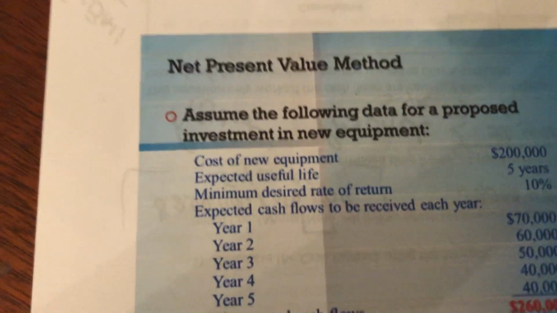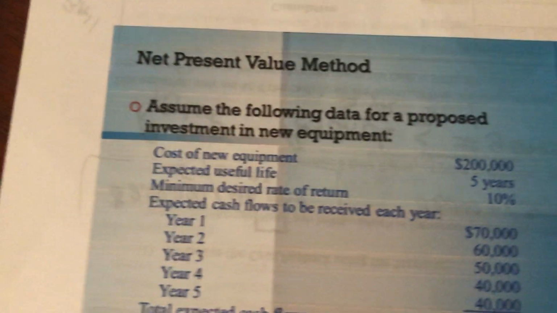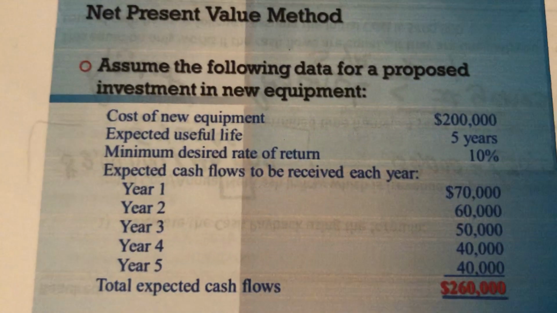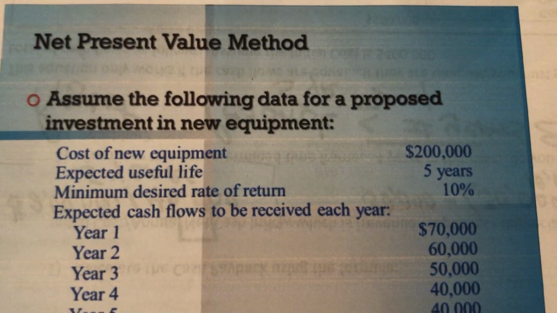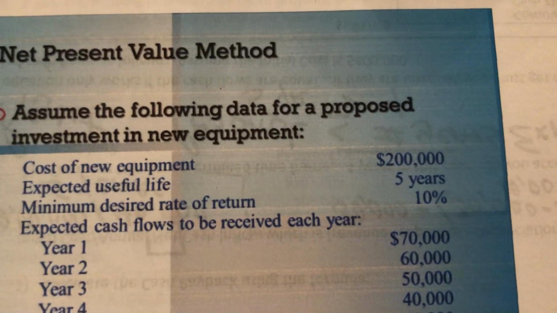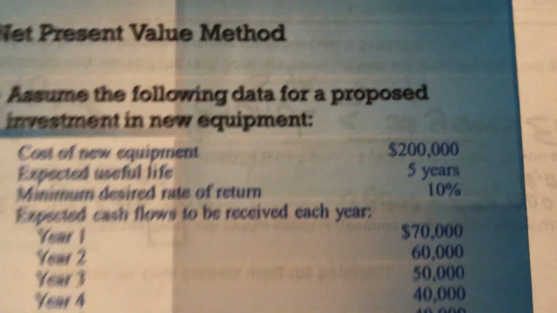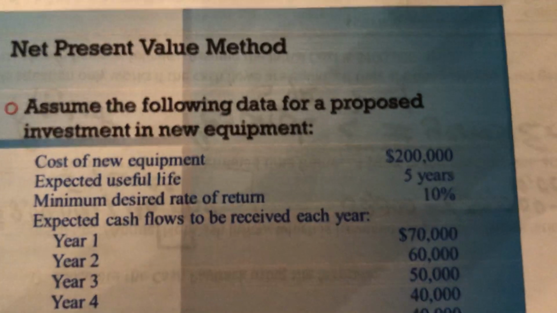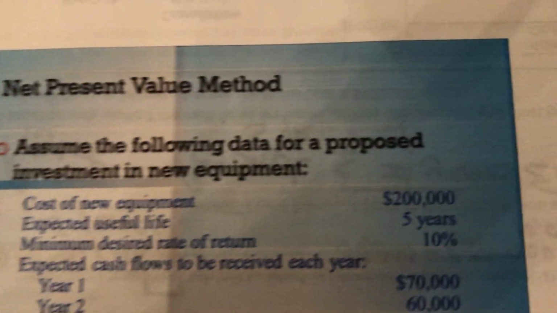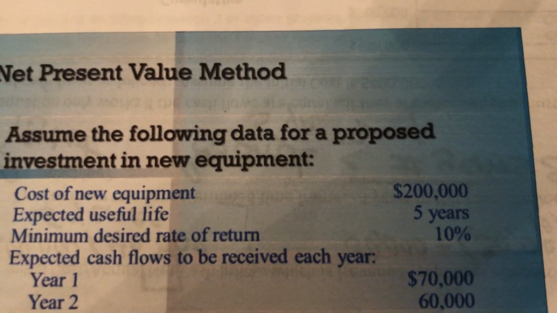Okay, let's get on to the problem. We've already used 17 minutes. Let's go to the next problem. Now, what we want to do, we have an investment here. We have a piece of equipment we're thinking about buying, and we think it'll last us 5 years. We want to get a return. This is called the internal rate of return of 10%.